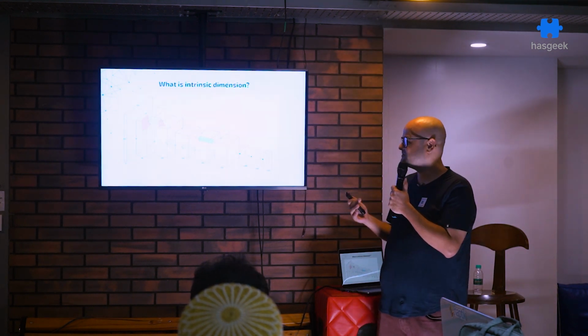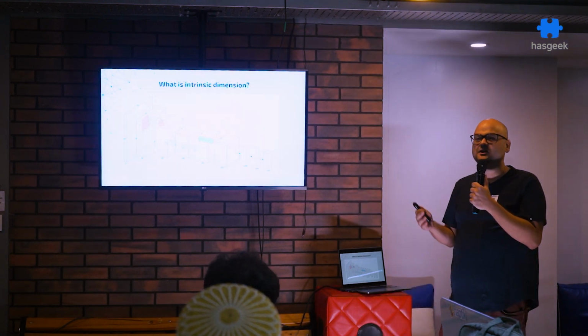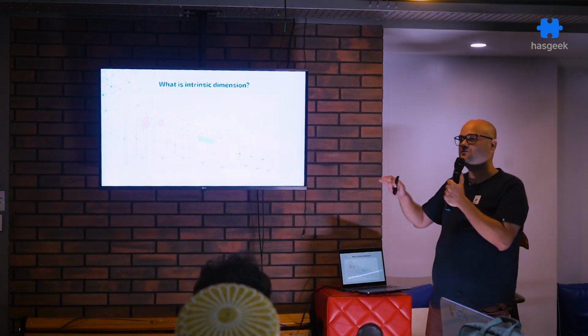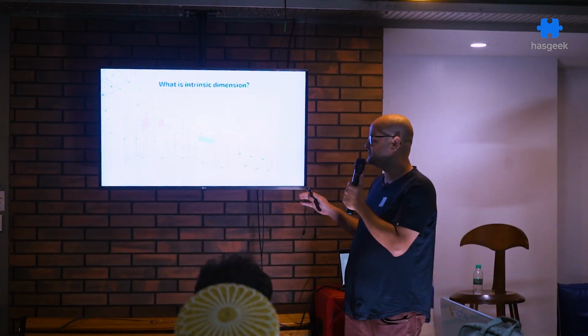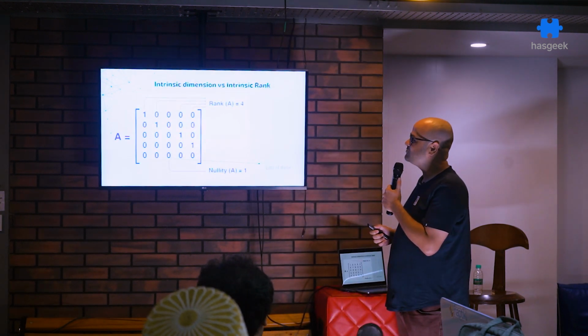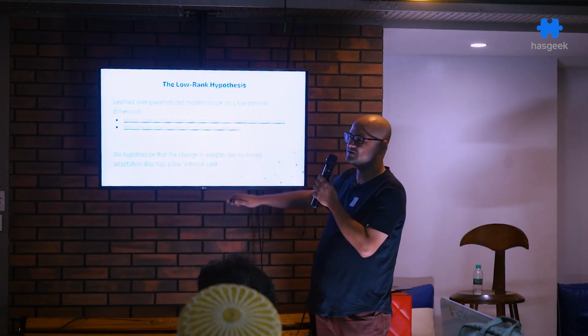Let's say something of the size 7 billion or 13 billion or 15 billion, which will do almost equally well as the original fully trained model, right? So that's what intrinsic dimension is about, right?